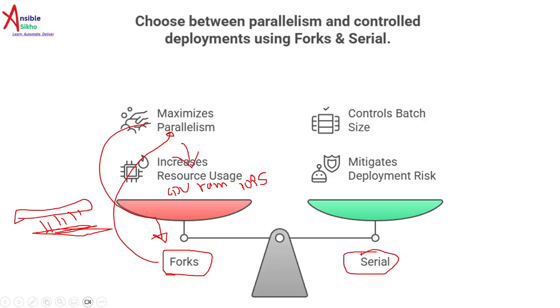Whereas what does serial do? It mitigates the deployment risk by controlling the size into batches. I told you, if I have five web servers and there is a patching activity, what will happen if patches are pushed on all five servers?